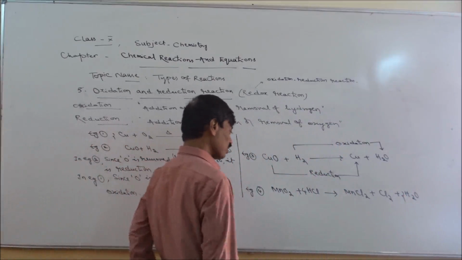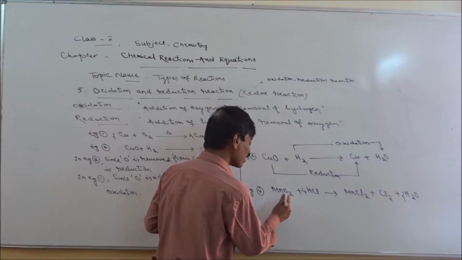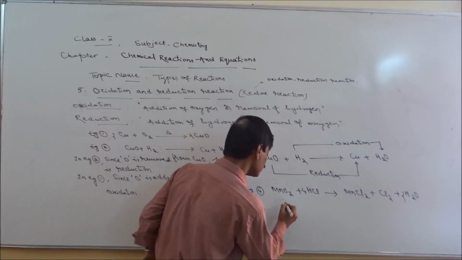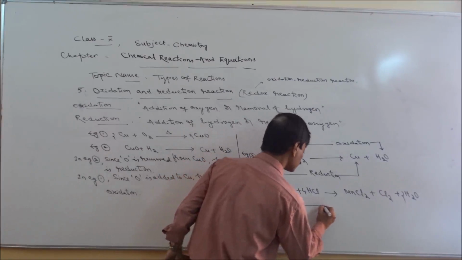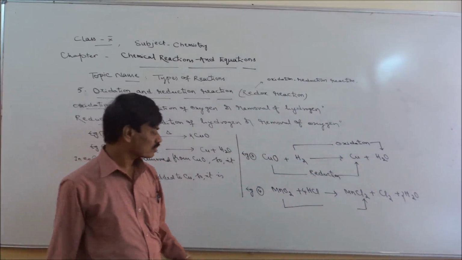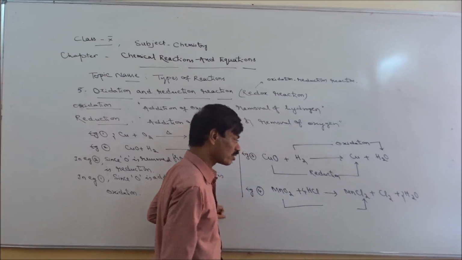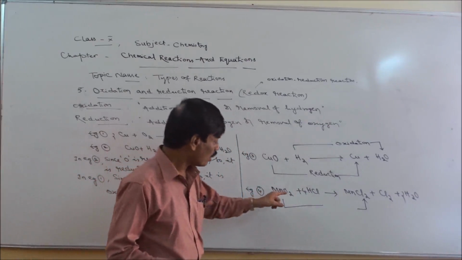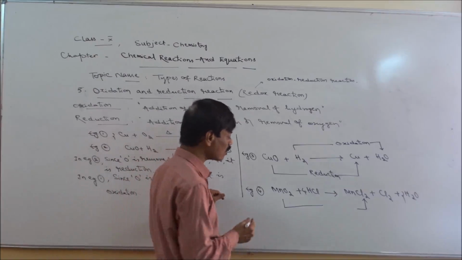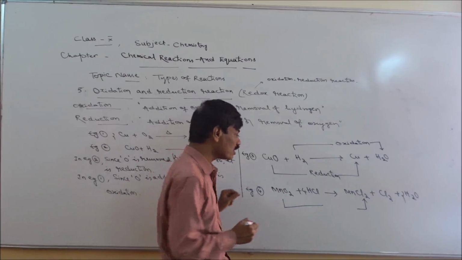Right? Now, we will compare manganese dioxide and MnCl2. We don't have oxygen here, so this part can be taken as an example of reduction, because oxygen is lost.